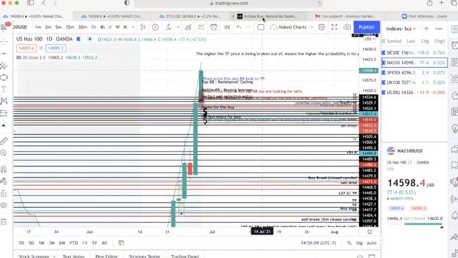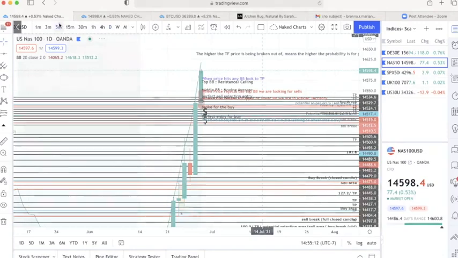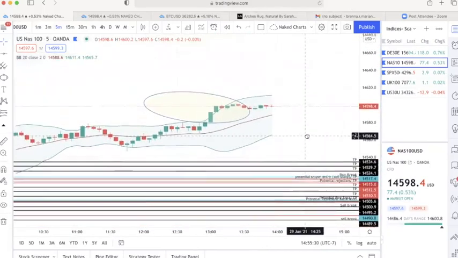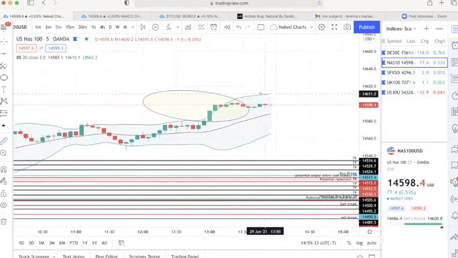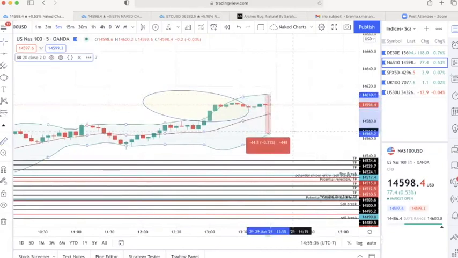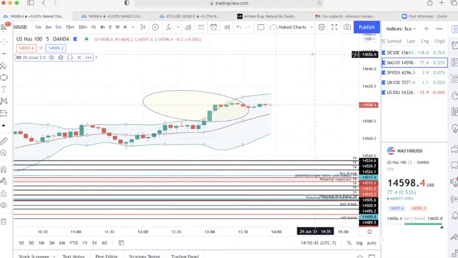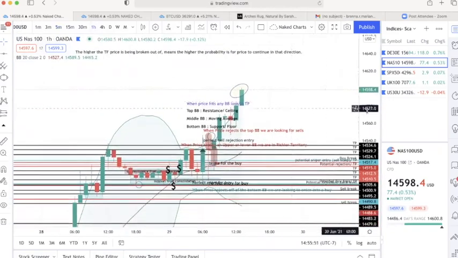Yes, it may not be relevant for this tiny little scalp, but you want to be aware, even if you're taking a smaller time frame move, like from here to here, that after price rejects the bottom of this Bollinger Band, we're probably going to continue to the upside on the bigger perspective, right? You want to be aware of where price is at all times when trading.